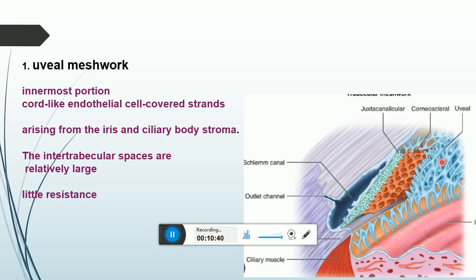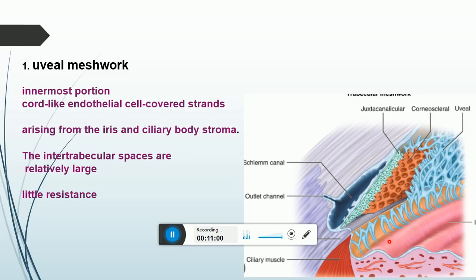So the uveal meshwork is the innermost portion consisting of cord-like endothelial cell-covered strands arising from the iris and ciliary body stroma. This is ciliary body stroma and this is iris.